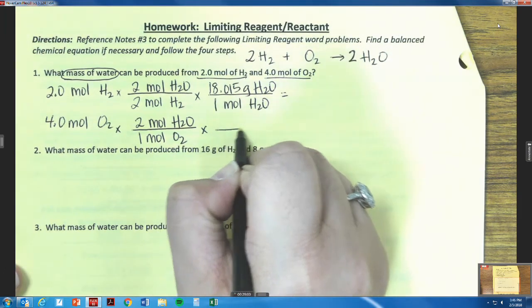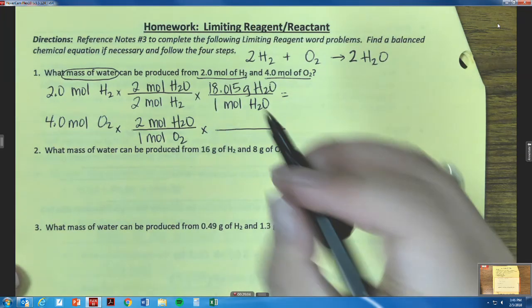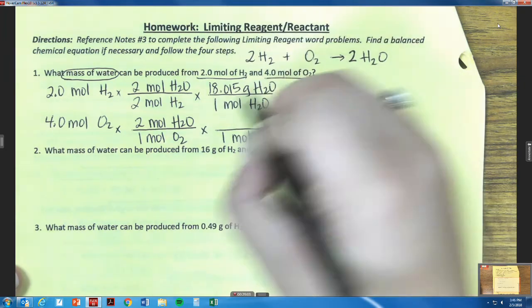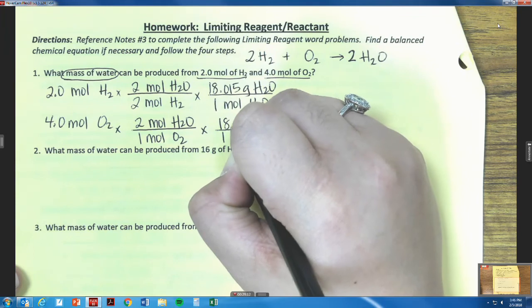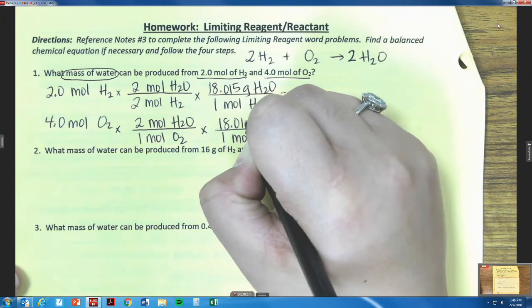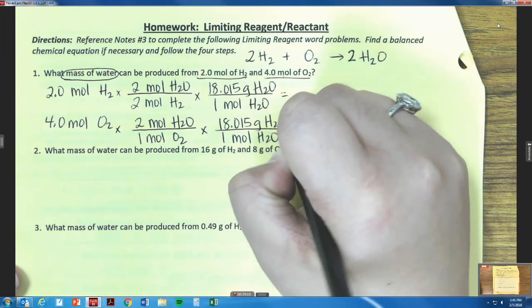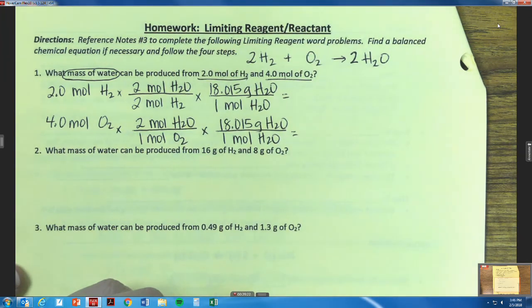Then we're going to multiply that by our next conversion factor, which is 1 mole of H2O to molar mass of H2O, which is 18.015 grams of H2O. Okay, so again, we can solve this as well.